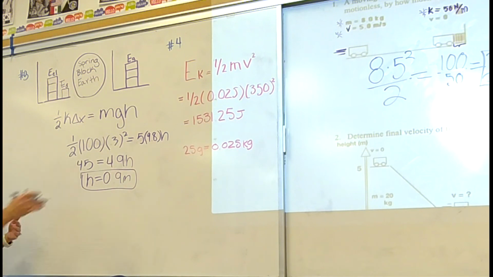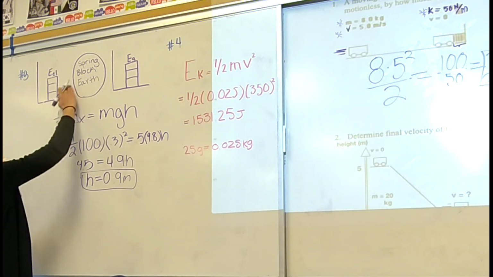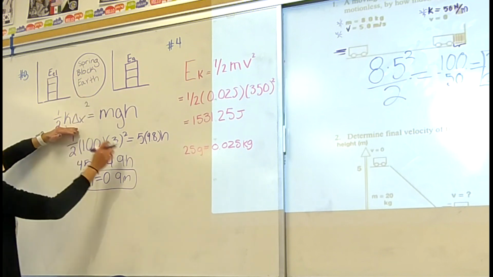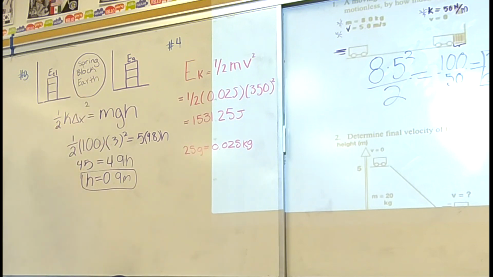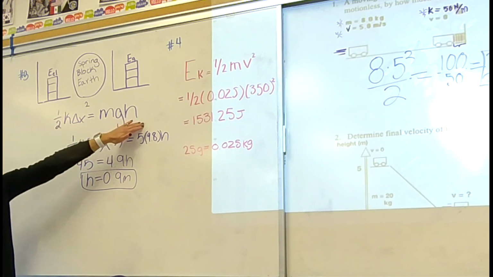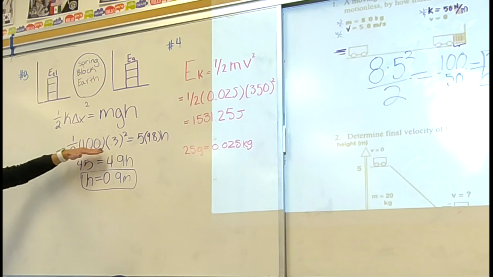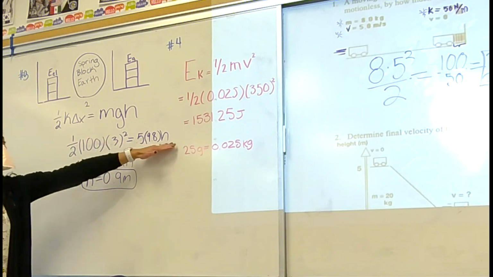It's just going to make our equation more complicated. So we're going to say gravitational energy is negligible. So we've got 1/2 k delta x, we forgot a squared, although it was in the equation, equals mass times gravity times height. Nothing cancels out here, but you do have all the information you need to solve for height.